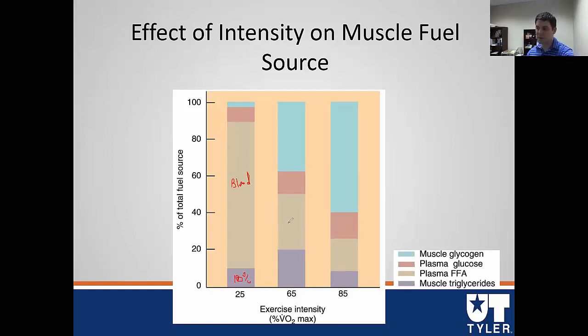We're getting some from the muscle, some from plasma. Our plasma glucose is providing some, and then the important part is our muscle glycogen is providing a lot. So about 40% of our carbohydrate usage is coming from muscle glycogen. And again, from a physiology standpoint, this also makes sense, right?